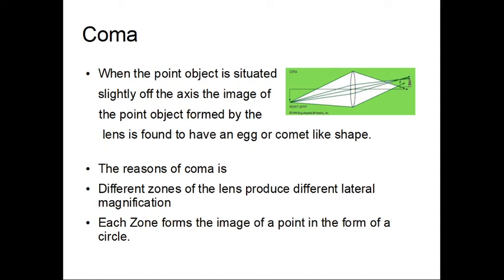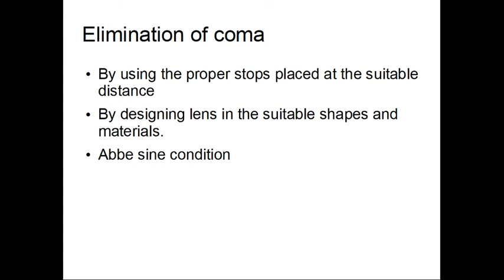Because of these circles, the image is formed as a comet or an egg shape. And the elimination methods for this coma are by using proper stops placed at a suitable distance, or by designing the lenses in suitable shapes and materials.